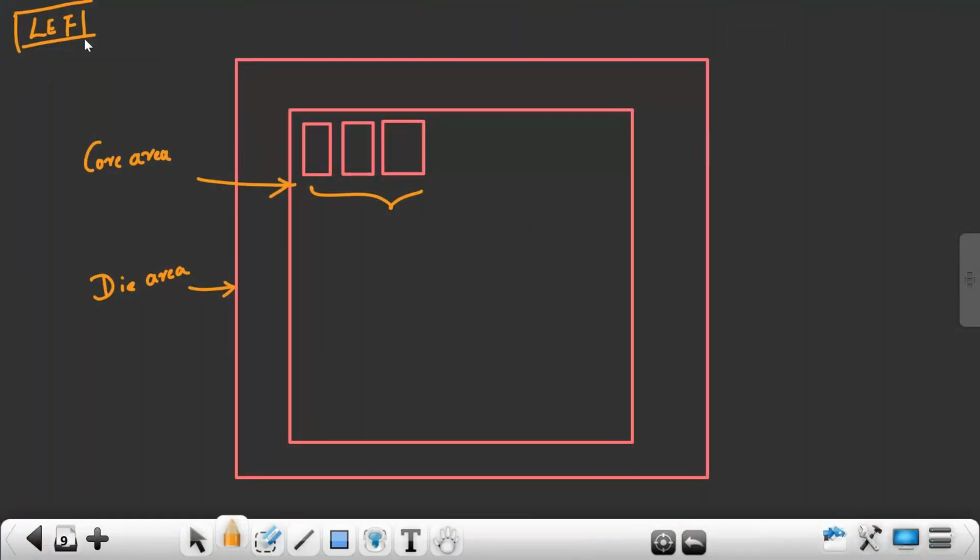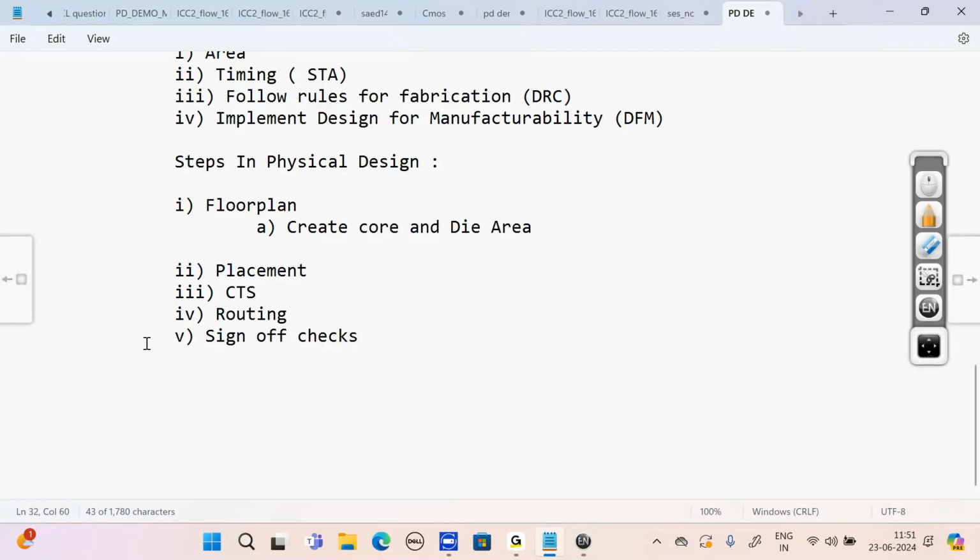LEF file. Who is going to draw the layout for NAND gate, NOR gate? We are not going to draw the layout. Physical design engineers will not draw the layout. But you should have knowledge of layout, because at the end, if you get any errors, you should be in a position to understand that. So you should know what content is present in the layout, but we are not going to draw it.